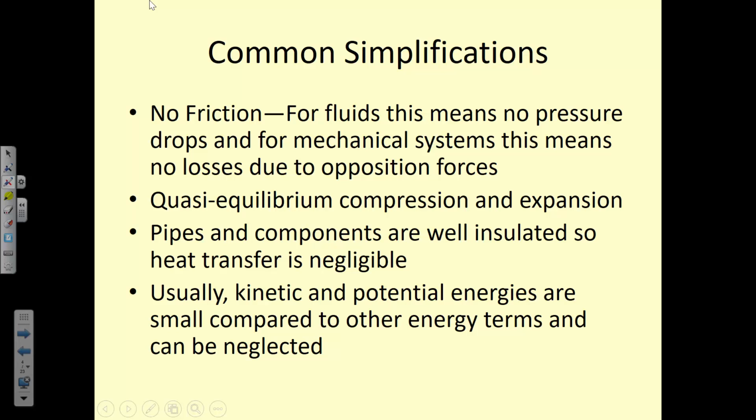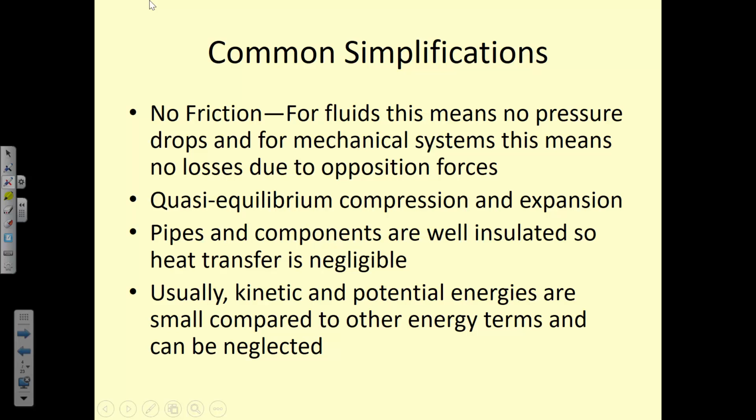So some of those common simplifications that we've seen all throughout is that we imagine that we're in a world without friction. We also assume that the compression and expansion processes are happening at a sufficiently moderate rate so that we don't have vast changes in the properties across the control volume.